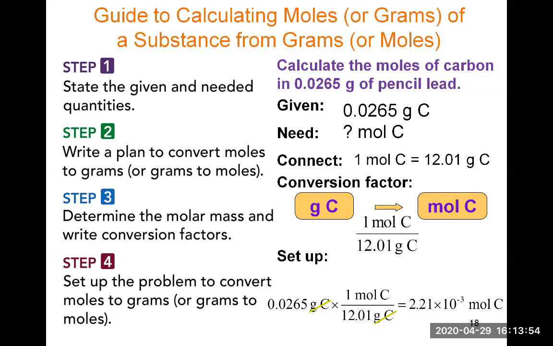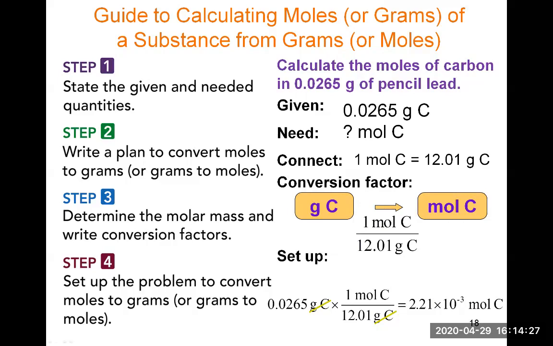So you want to round this properly, and in the given amount, we have 3 sig figs because the 2 zeros are not significant, and the 2, 6, and 5 are the significant figures. The 1 mole is exact, it's 1 mole exactly, and the 12.01 has 4 sig figs. So the least number is the given amount with 3 sig figs.